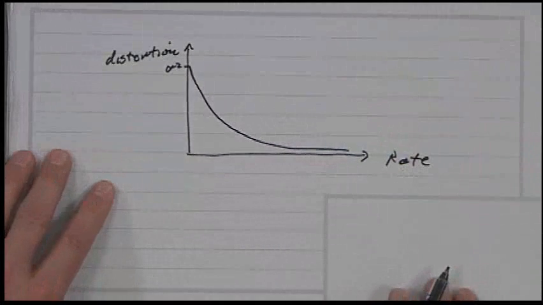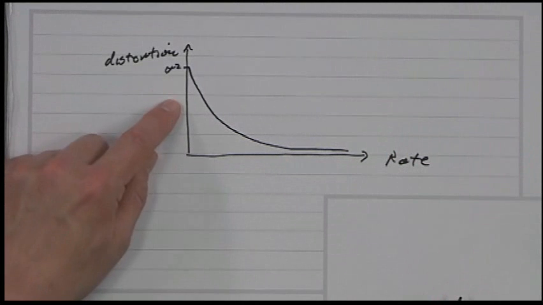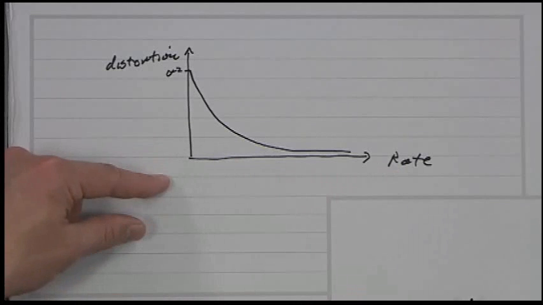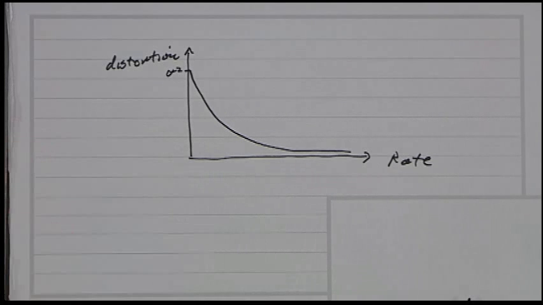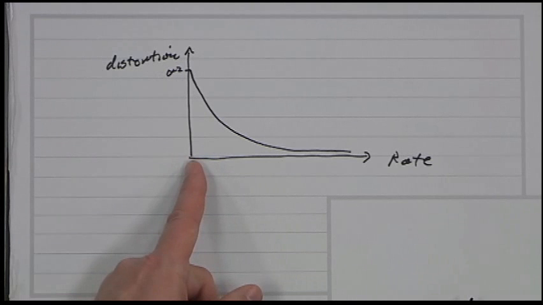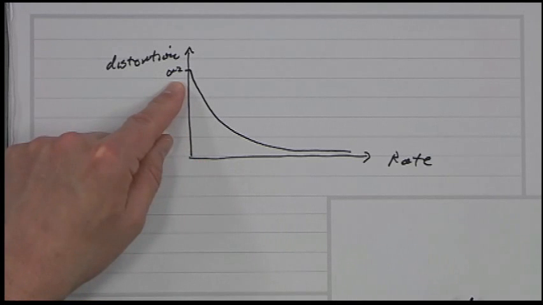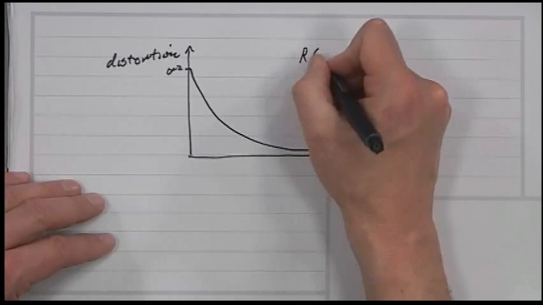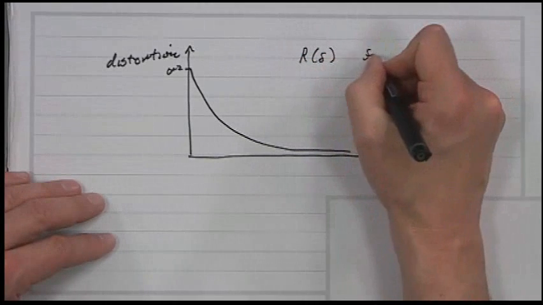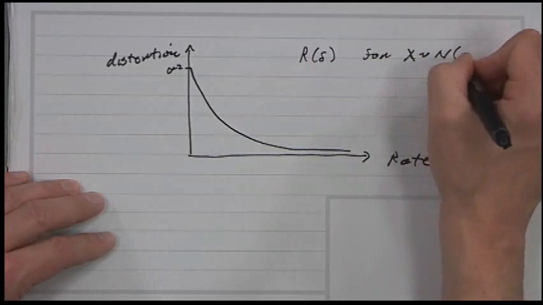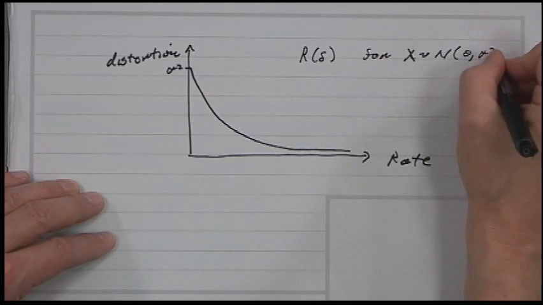As you drive the distortion down, it takes more and more bits. It takes an infinite number of bits to drive the distortion to 0. But with 0 rate, you have finite distortion. So this is R of delta for x distributed as 0, sigma squared.